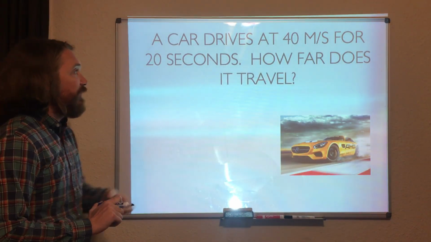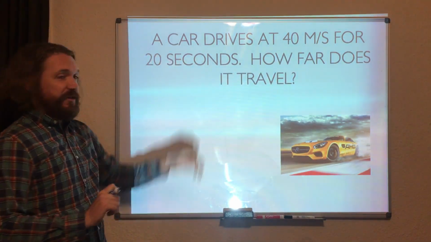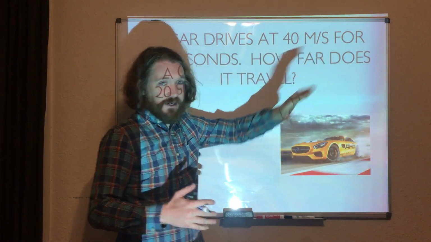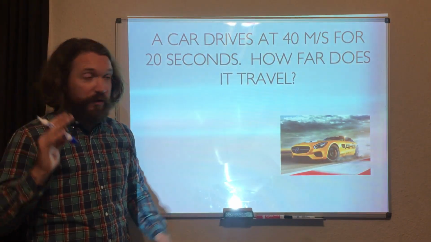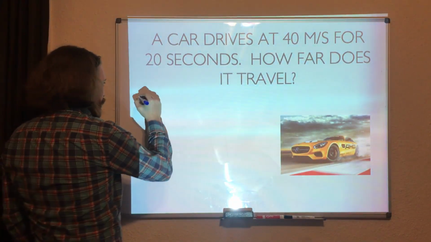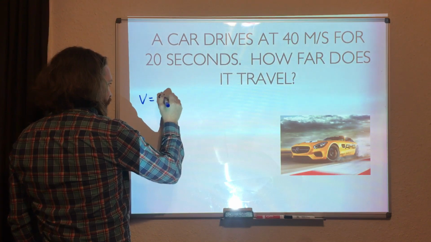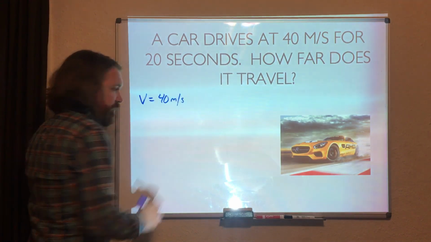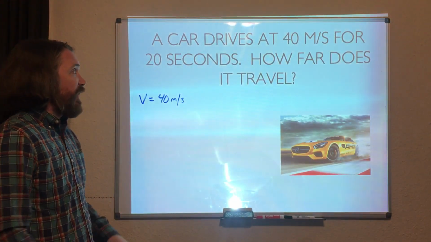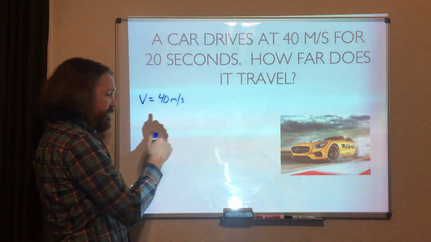A car drives at 40 meters per second for 20 seconds. Let's write down what we know. 40 meters per second. Here's why units are important. As soon as I see meters per second, I know, boom, that's a velocity. Okay, because I know my units. 40 meters per second is my velocity for 20 seconds.